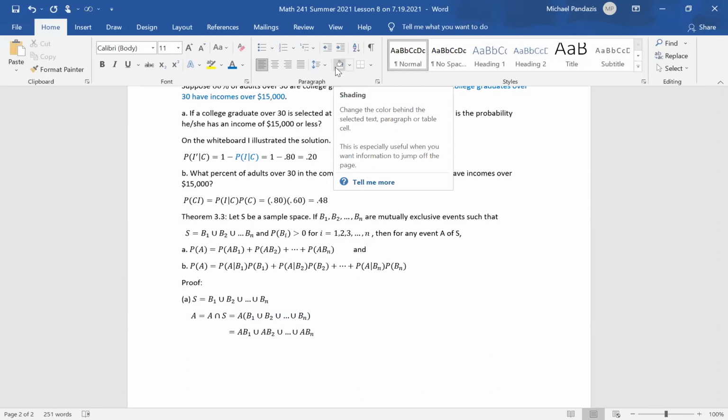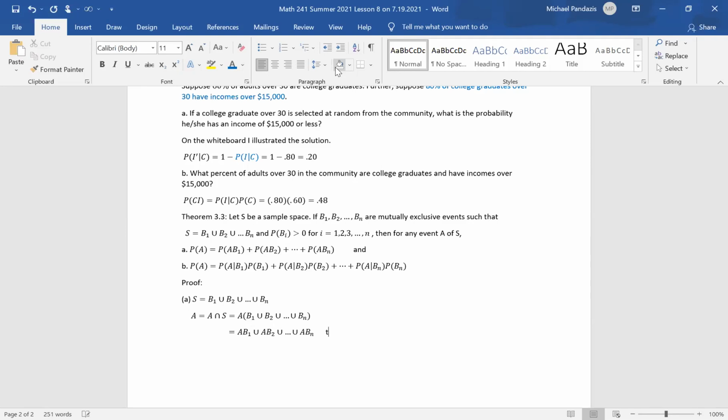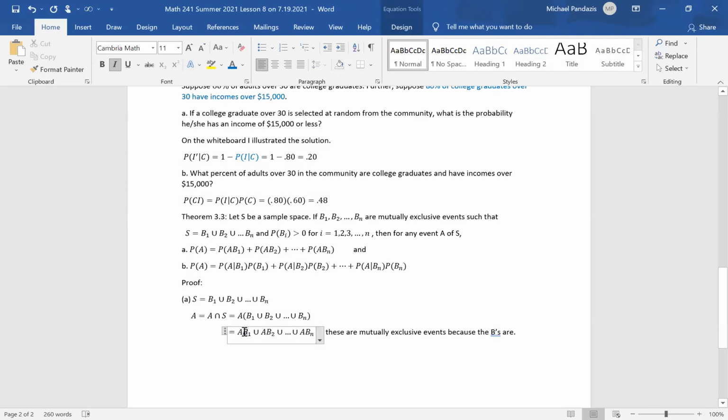And these are mutually exclusive events, since the B's are mutually exclusive. Since the B's don't overlap, since B1 doesn't overlap with B2, that means AB1, which is a subset of B1, can't overlap with AB2, which is a subset of B2.